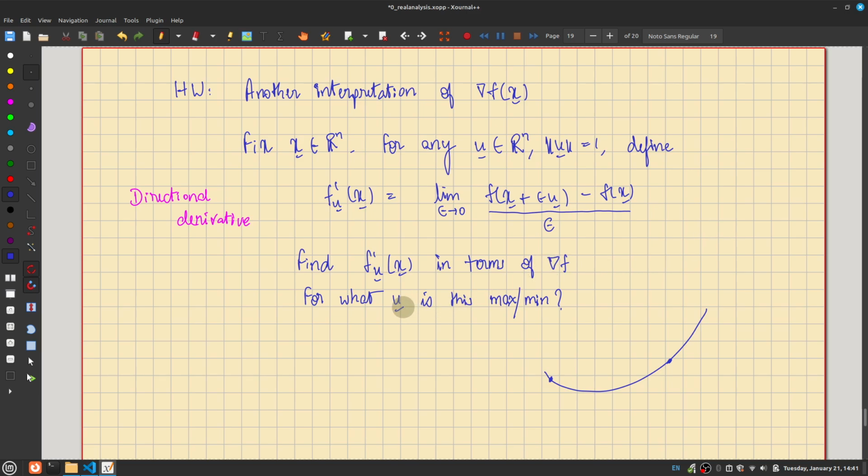So basically, this is minimum if you take u to be equal to the gradient of f evaluated at x divided by the norm of the gradient of f evaluated at x. This is a homework problem. It's also there in your assignment 1. All right. Any questions?